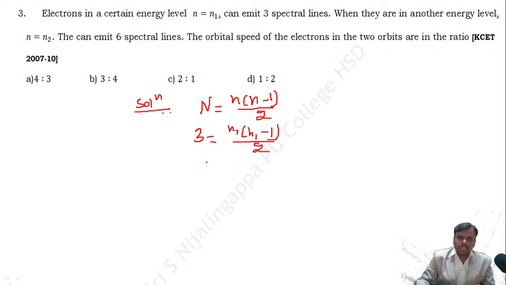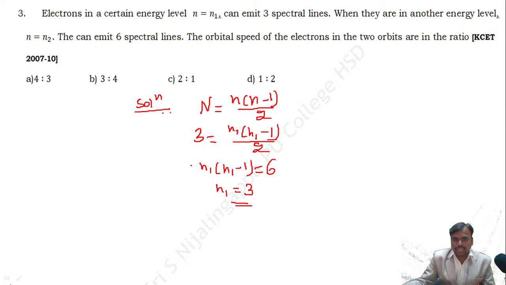That becomes n1 into n1 minus 1 is equal to 6. By simplifying this relation, we get n1 is equal to 3 and n1 is equal to minus 2. But n is always positive because n represents the orbital number.